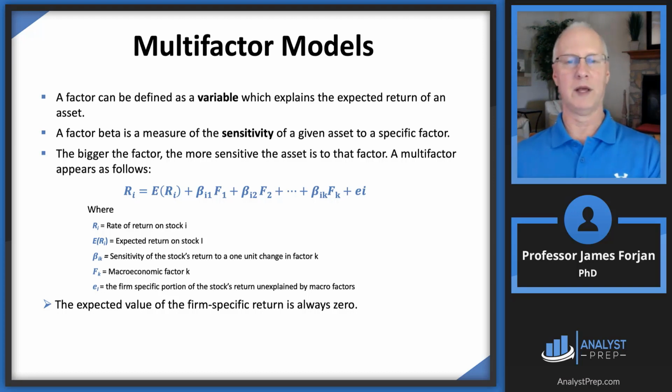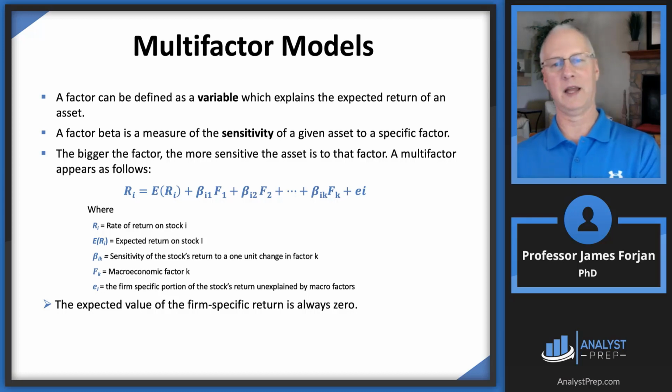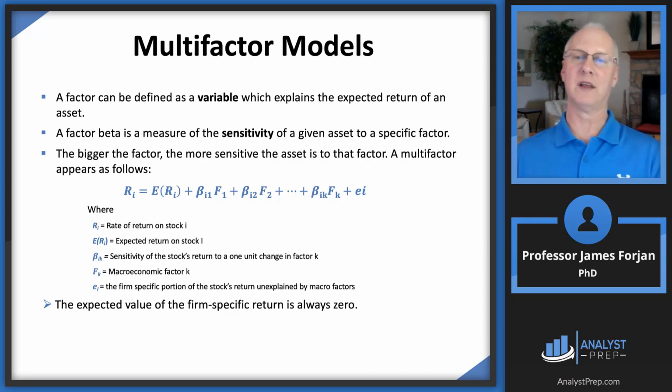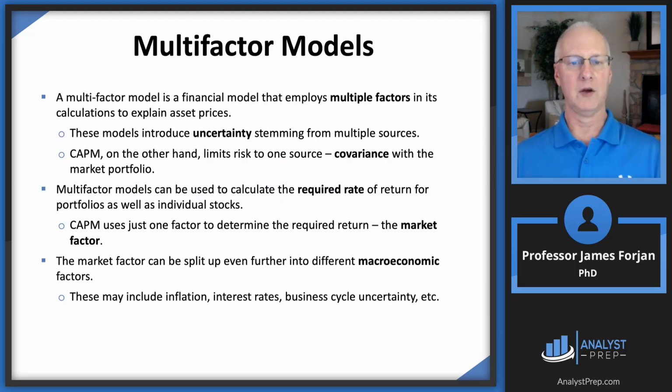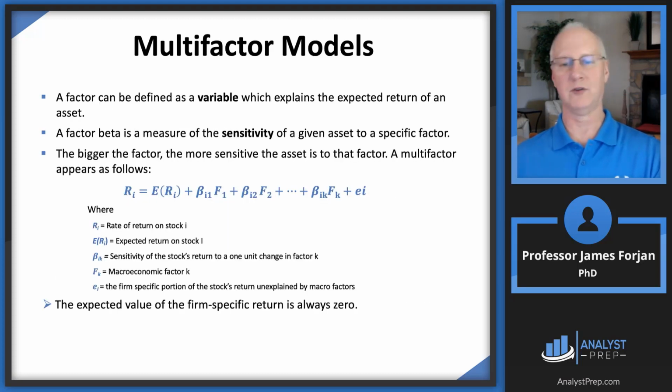And remember that the plus sign with a bunch of dots following it, then another plus sign, that means that there could be an F3 and an F4 and an F5 all the way out to an FK. So those are the factors. Those are the factors at my bottom circle point: inflation and interest rates, etc. Okay? And then the betas, they work just like they did back in the capital asset pricing model.